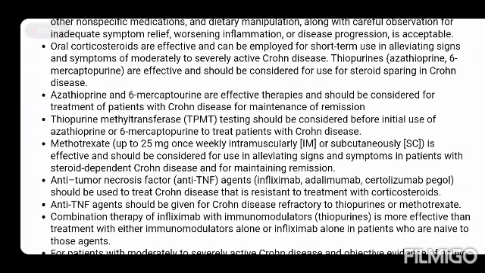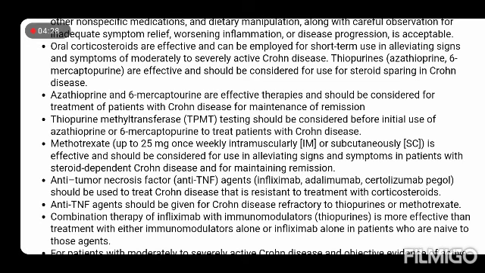Azathioprine and 6-mercaptopurine are effective therapies and should be considered for treatment of patients with Crohn's disease for maintenance of remission. Thiopurine methyltransferase testing should be considered before initial use of azathioprine or 6-mercaptopurine to treat patients with Crohn's disease.